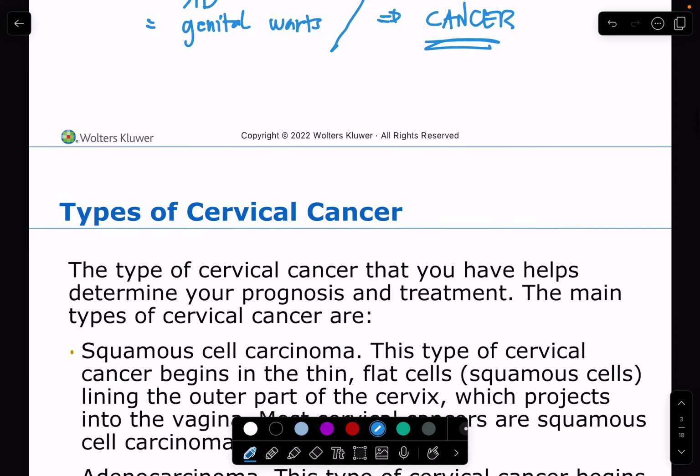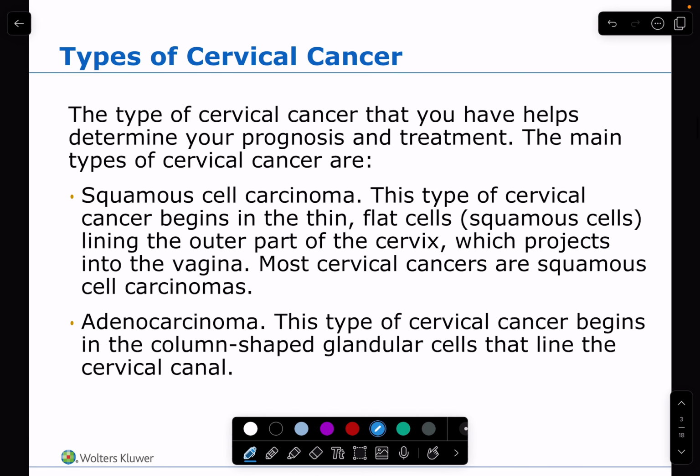So that is why human papillomavirus has a higher risk of developing cancer. The type of cervical cancer that you have helps determine, of course, the prognosis. That is why it is very important for us to have some screening, and also to identify what type of cancer the person has para malaman natin yung appropriate treatment and of course the prognosis or the chances of survival, no?